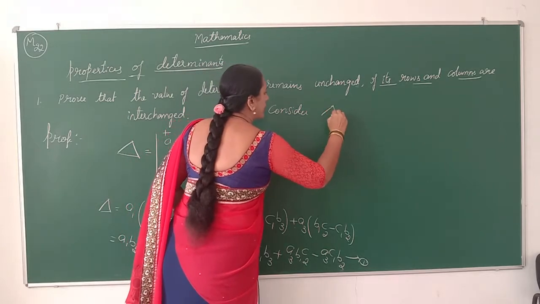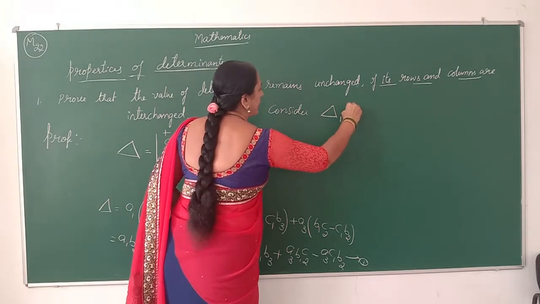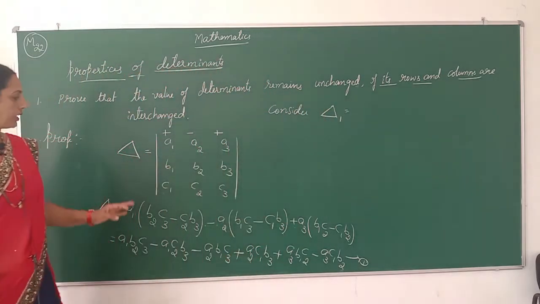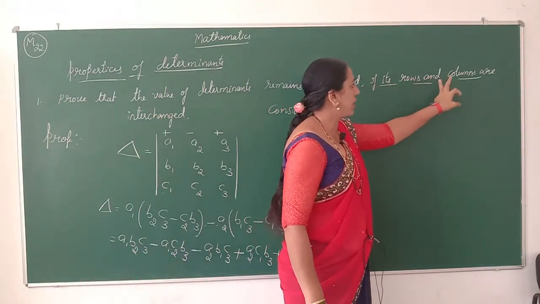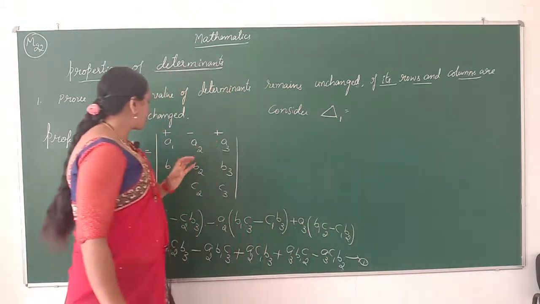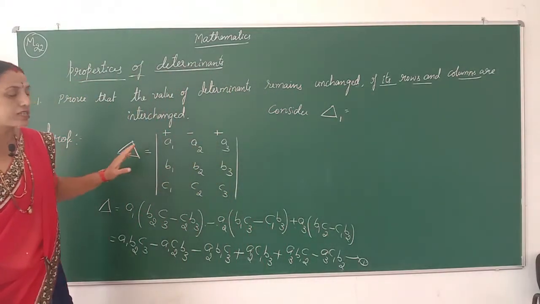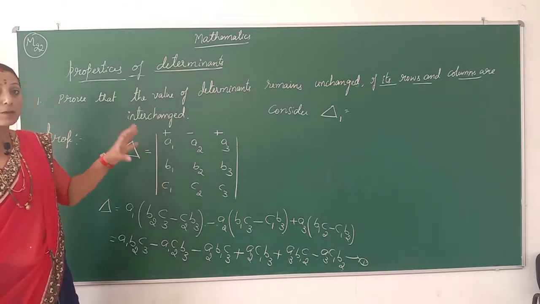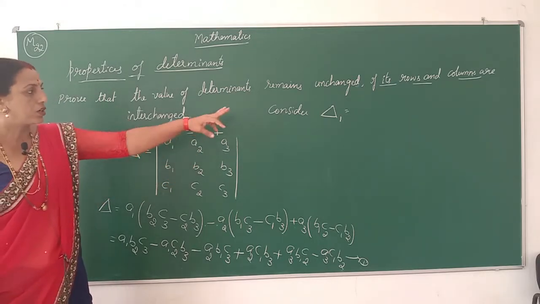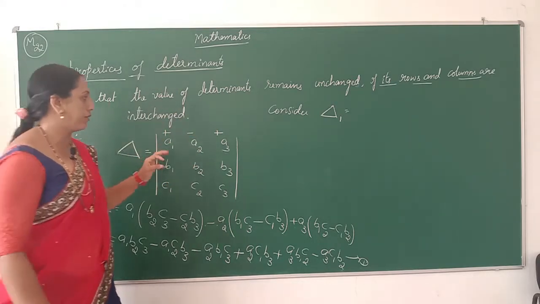delta 1. Another determinant is denoted by delta 1, obtained by interchanging all the elements of rows and columns of delta. Interchanging these elements means the transpose of that matrix, which is denoted by delta 1.